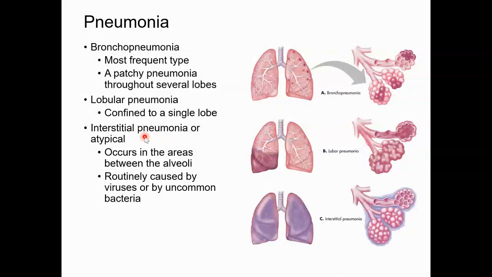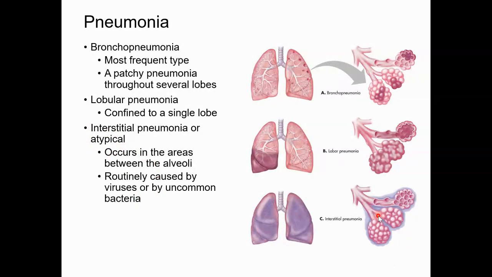An interstitial pneumonia, which is caused by atypical bacteria, typically Mycoplasma or Legionella, occurs in the areas between the alveoli. Okay, so right around here in the interstitium, routinely caused by a virus or by atypical bacteria.